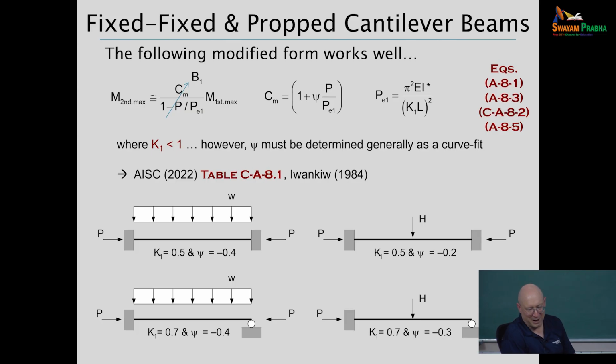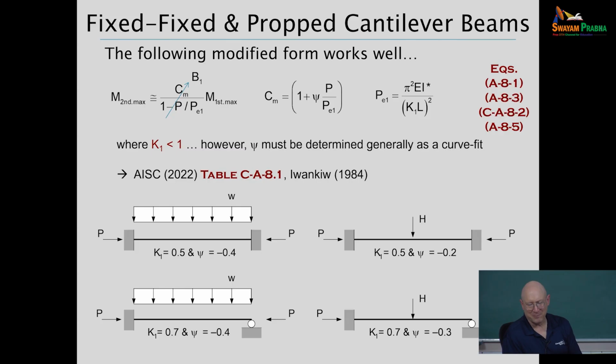So if you have a fixed beam, well, guess what? Your non-sway effective length factor for perfect fixity at the ends is 0.5, and you get a psi of minus 0.4 for the uniform distributed loading. In the other cases I'm showing here, for a propped cantilever, the effective length factor for braced buckling is 0.7.